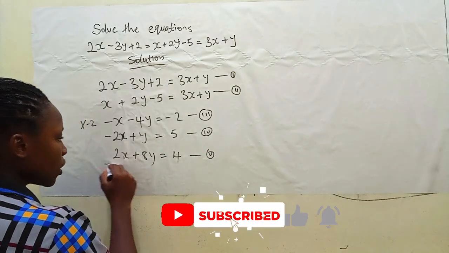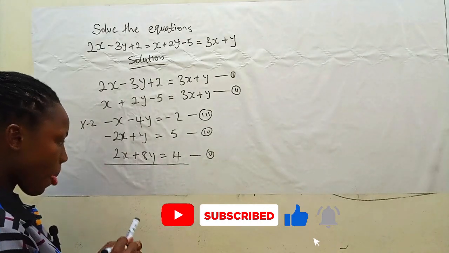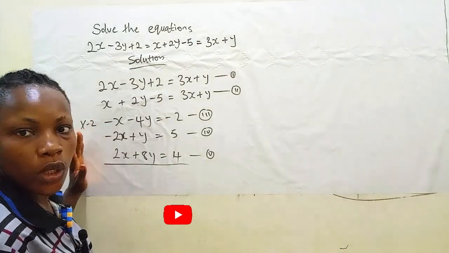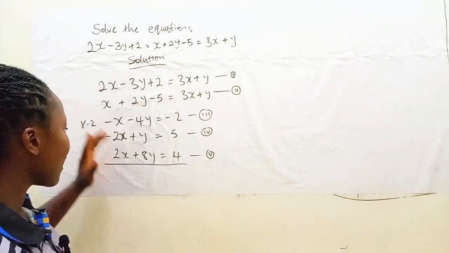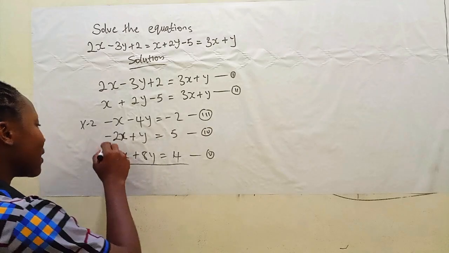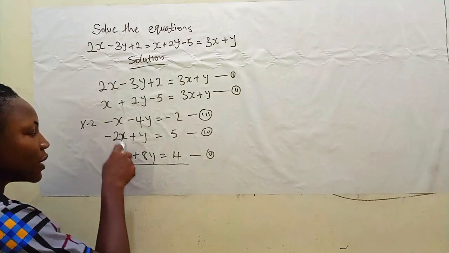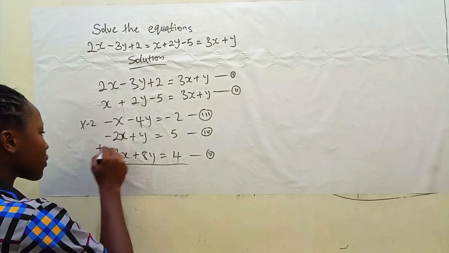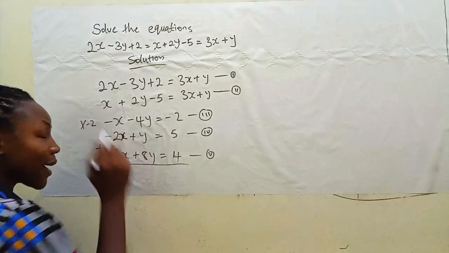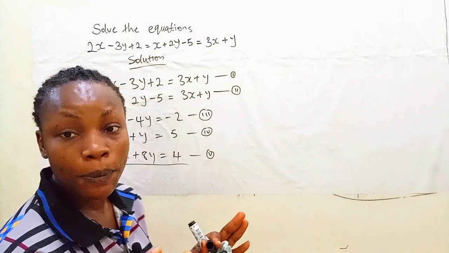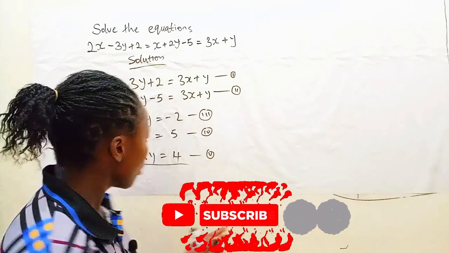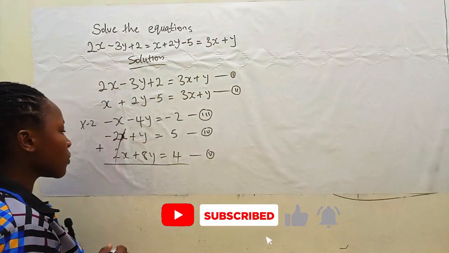So you can add the two equations. You can add them together. Adding them together, we'll be able to eliminate this x here. Adding them, minus 2 plus 2 is going to give us 0. So we cancel out this one.